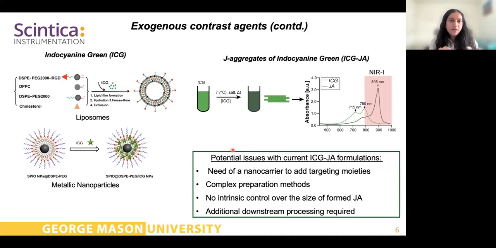Most of them require a nanocarrier to add targeting moieties and for size control, because, as I said, this is a process of self-assembly. So you need to encapsulate it within the nanocarrier for size control. There's no formulation out there that has intrinsic size control. Because of that, you require additional downstream processing, and that increases the complexity of the preparation methods.